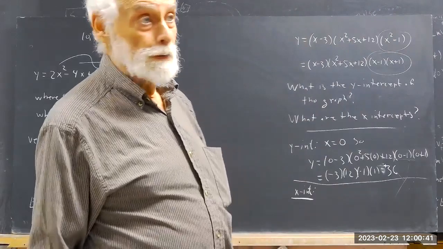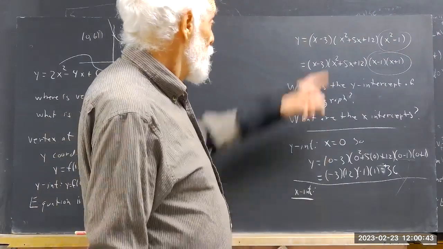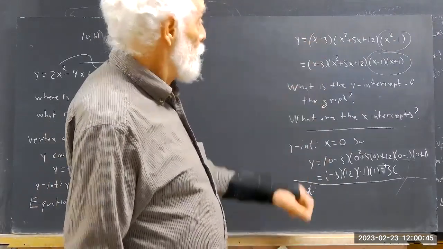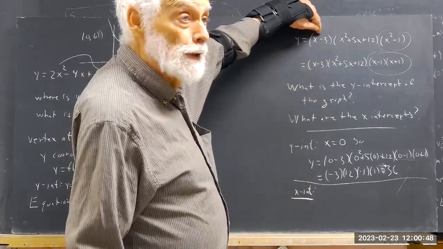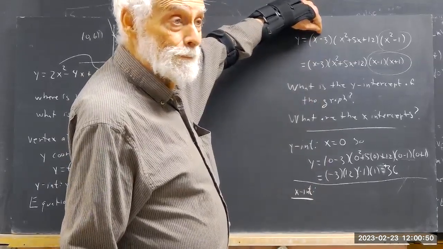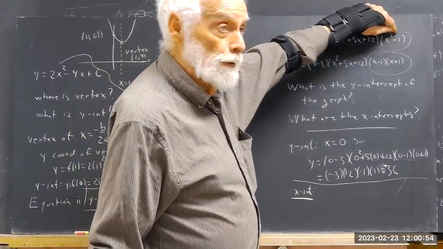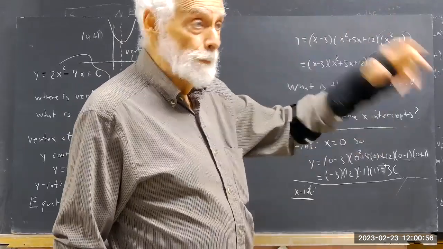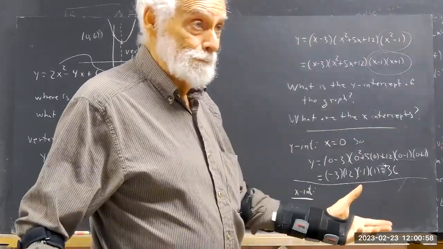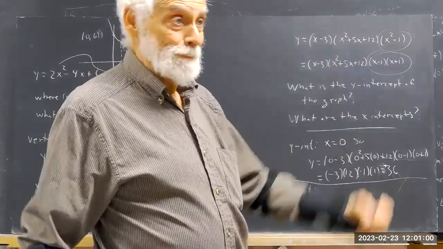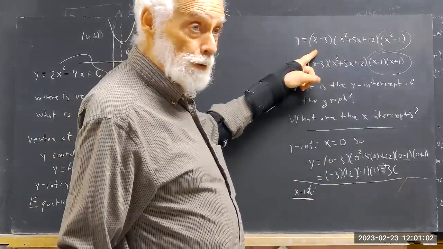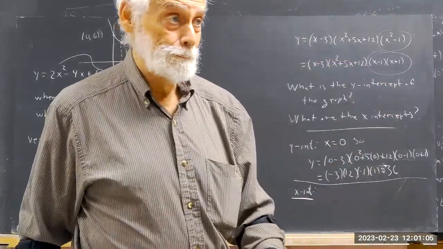First one I see when I look at it. In this form, if x is 3, what do you get? If x is 3, this gives you 0. Now this gives you 12, this gives you negative 1. What's 0 times 12 times negative 1? 0. As soon as one of these factors is 0, the whole thing is 0.